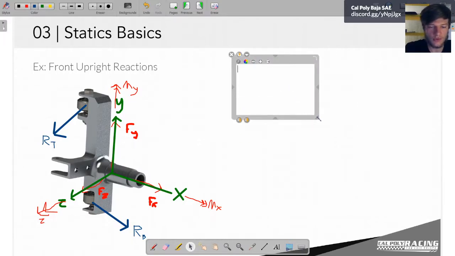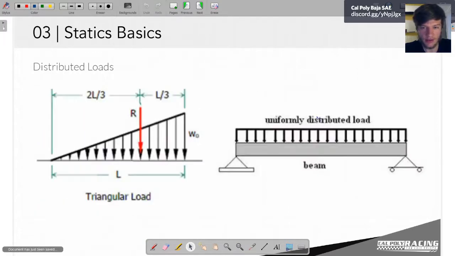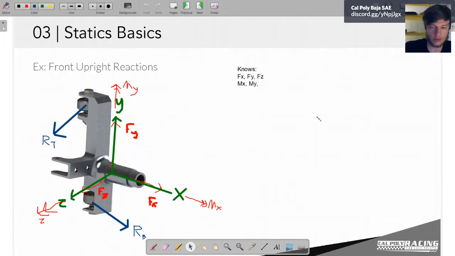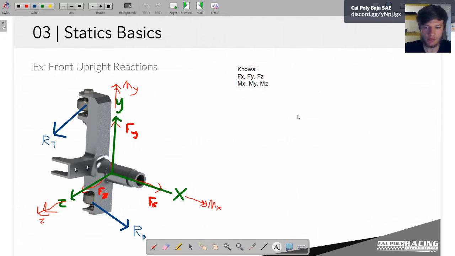So we'll say knowns are Fx, Fy, Fz, Mx, My, and Mz. And then our unknowns, pop another text box here.